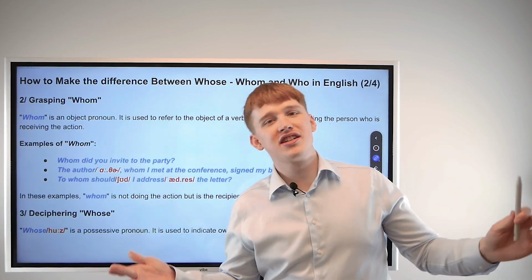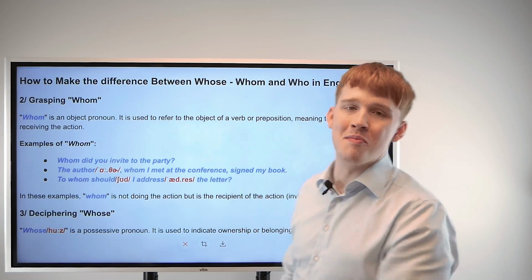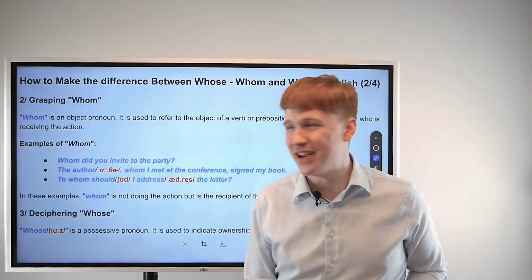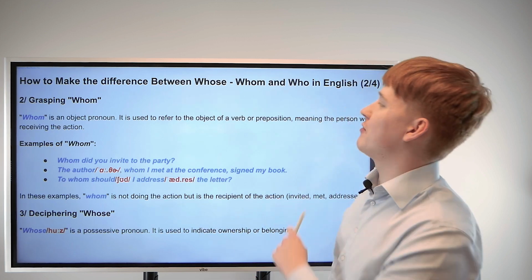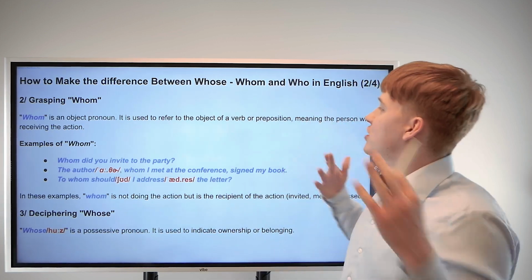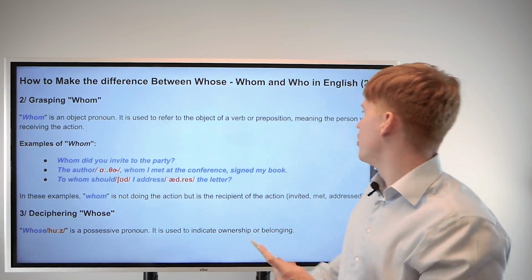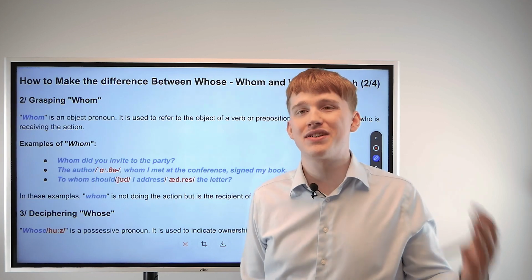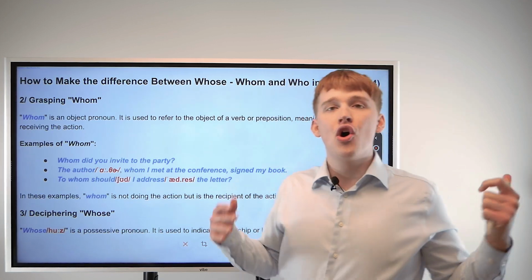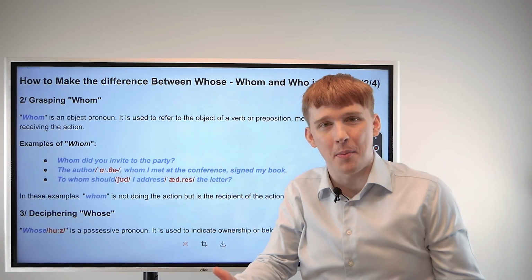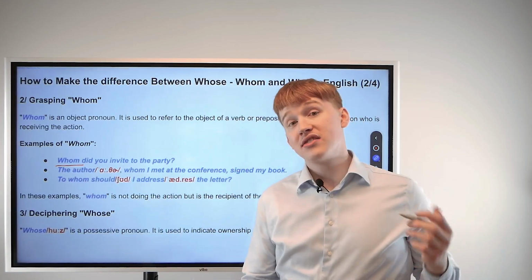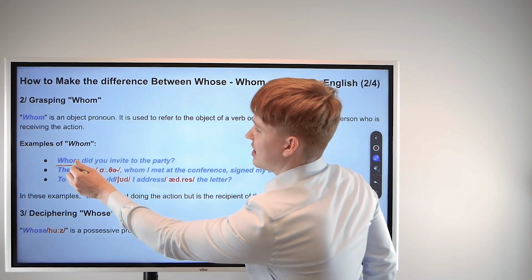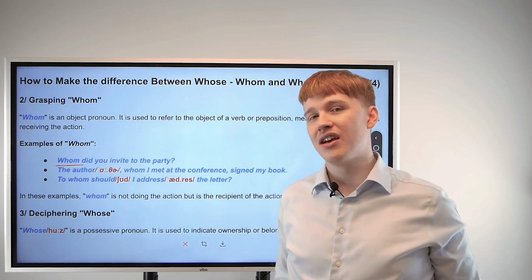So next up, we're going to be talking about whom. Whom is a little bit different here. Whom is the object pronoun. It refers to the object of a verb or preposition. It means the person who is receiving the action. So whom did you invite to the party? Does this mean that this person is the person inviting?